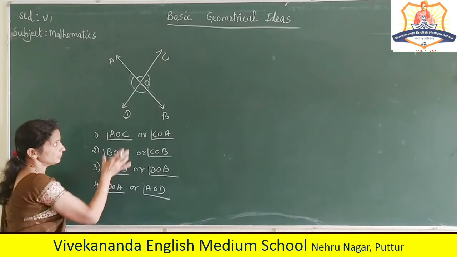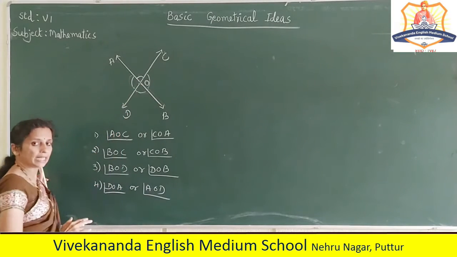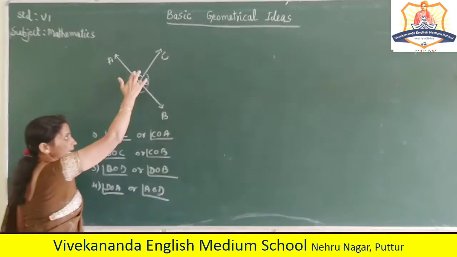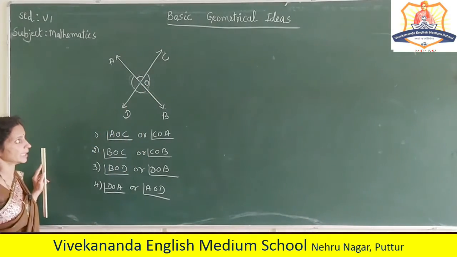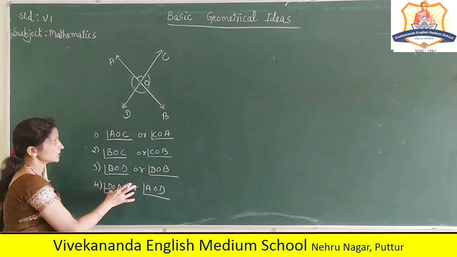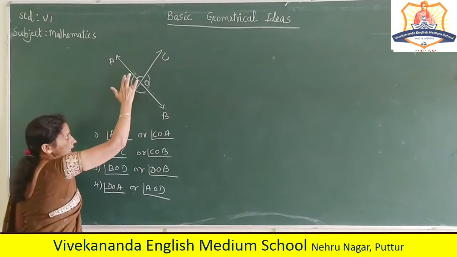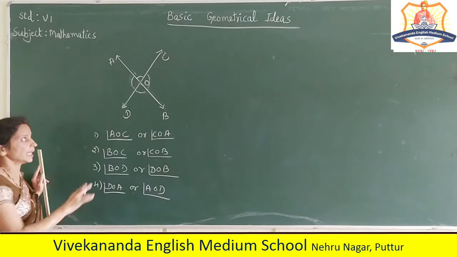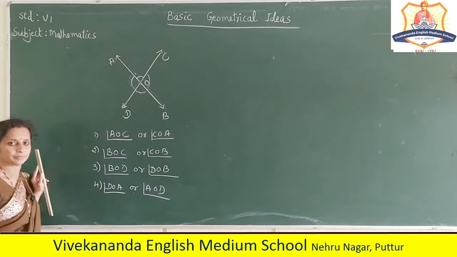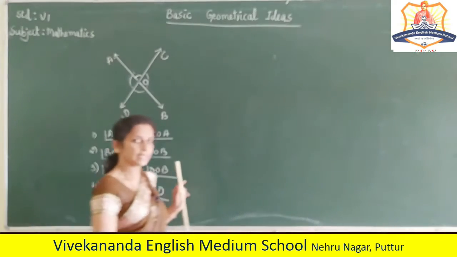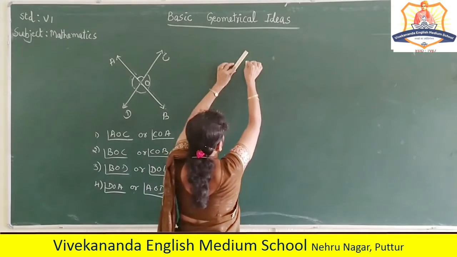For the third angle, angle BOD, the arms are OB and OD. And if you consider the last angle DOA, the arms of that angle are OD and OA.